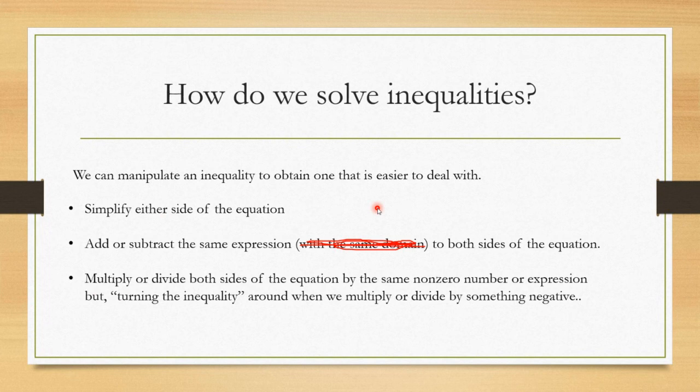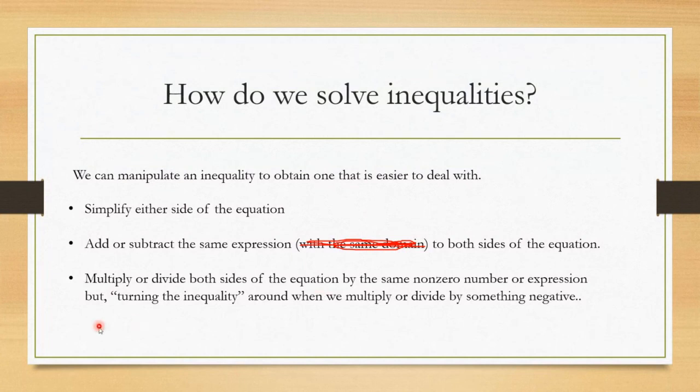With multiplication and division, you have to be careful though. You could multiply or divide both sides by the same non-zero number or expression, but if you multiply or divide by something negative, then you have to do something extra. You have to turn the inequality around or flip it.